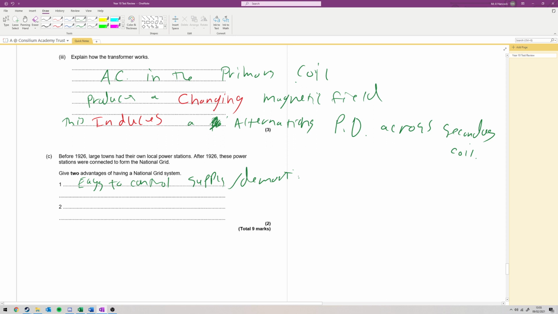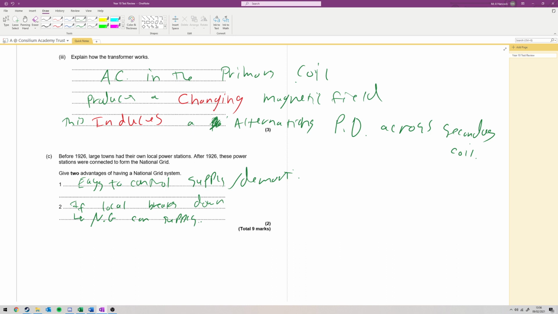Again, some people said about local stations breaking down, which is great. If a local station breaks down, then the national grid can supply. You could say electricity can be fed to remote places that are hard to get to.